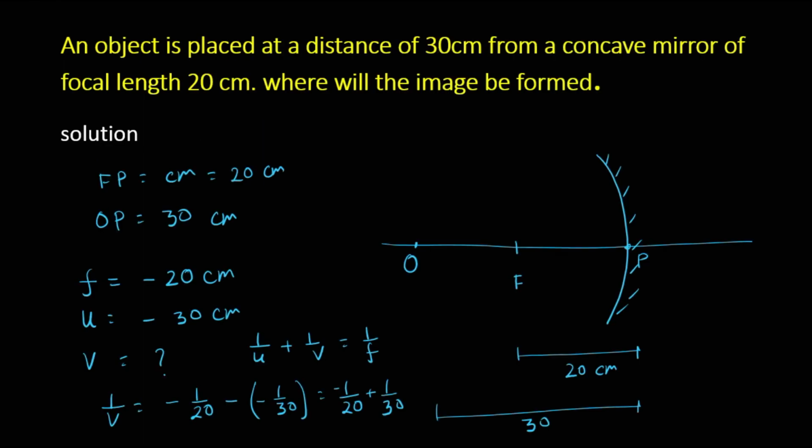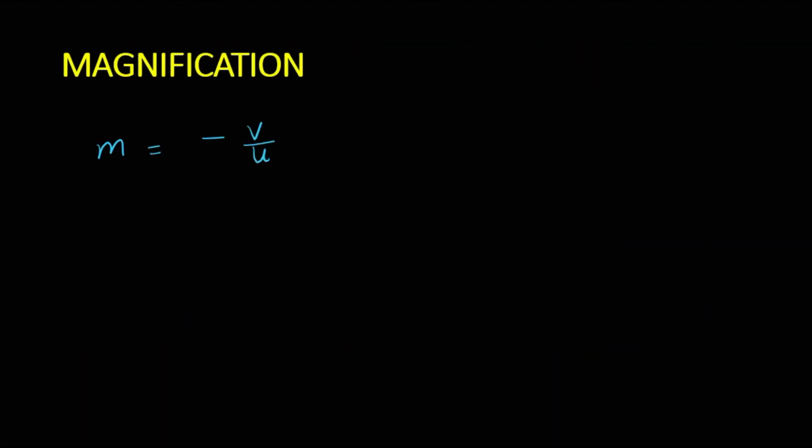So this can be illustrated with the above example. In this question, if someone asks about the nature of the image, in the previous question we can say the image is on the left hand side, as v is equal to minus 60, that is left hand side, due to the negative sign.